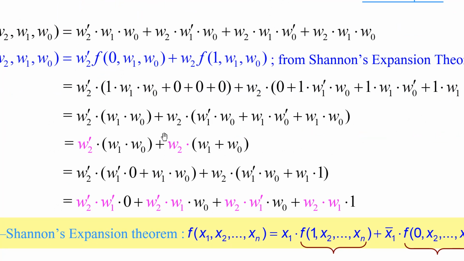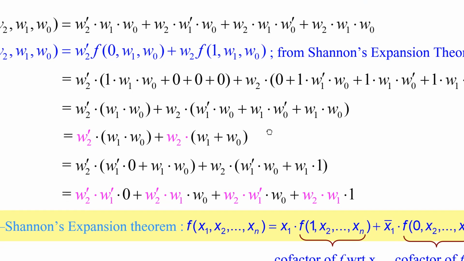And if you select more input variables that you want to expand, or use as selector signals of the multiplexer, for example, if you select this one, expand about W1, so W1 prime and the function when W1 is 0, W1 and the function when W1 is 1.